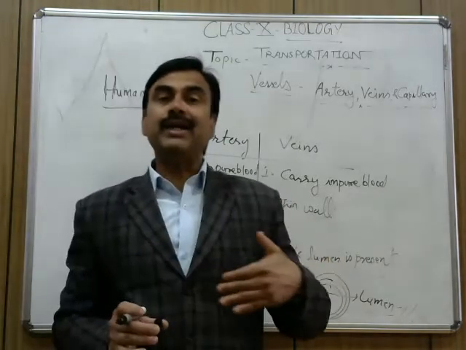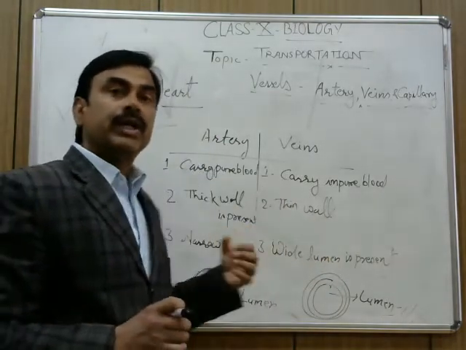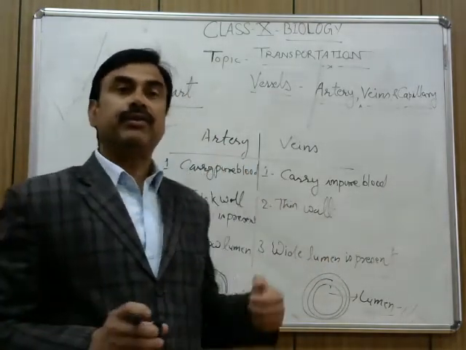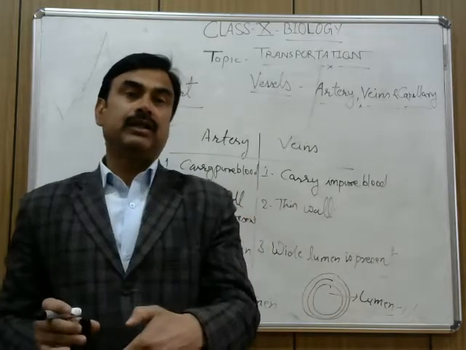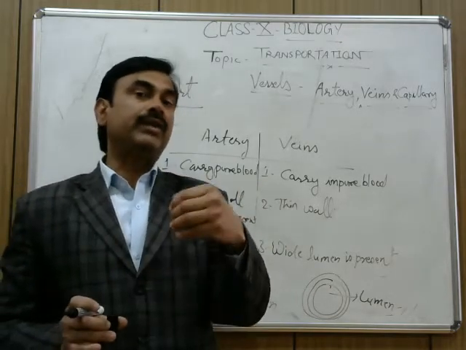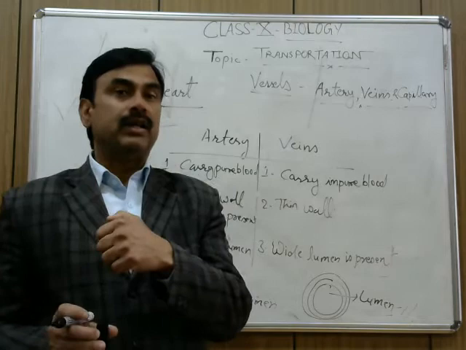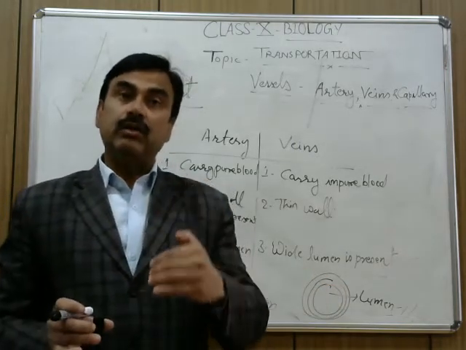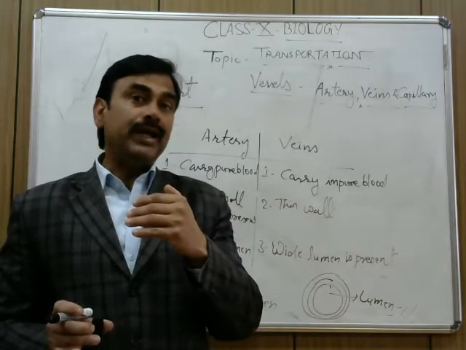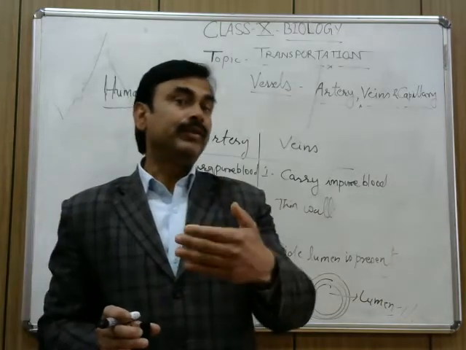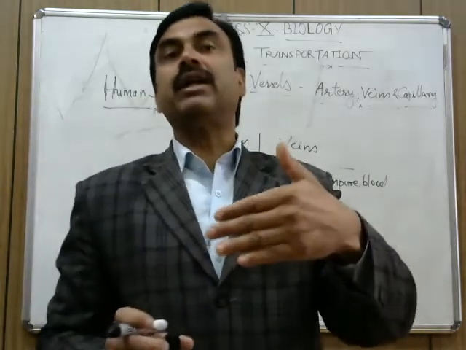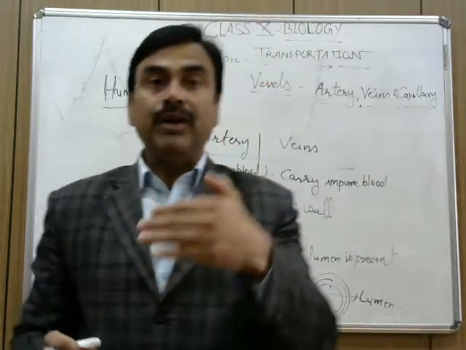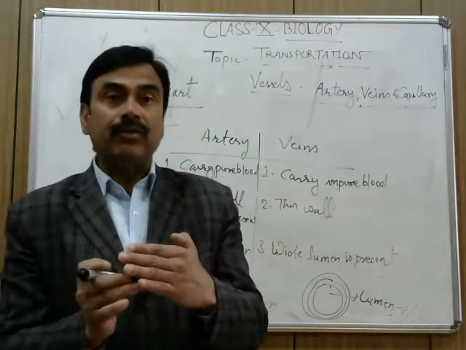Artery always gives the jerk for transferring blood to the different parts, and on the other hand veins give low jerk. One special thing, veins always have valves to prevent the backflow.